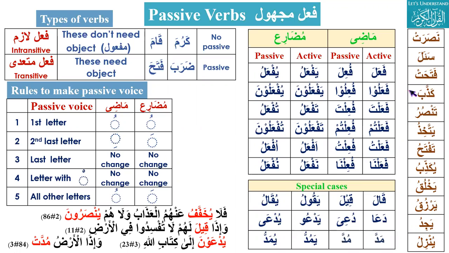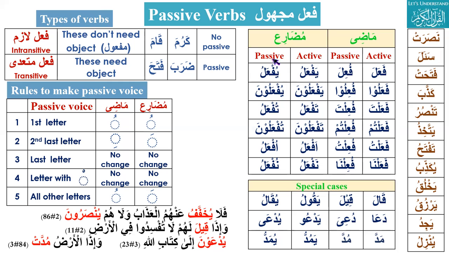If I take some help from the audience, let's take Brother Rida. Brother Rida, can you please tell the passivize for Nasara? Nasara is turning to Nusira. And Nasarat?